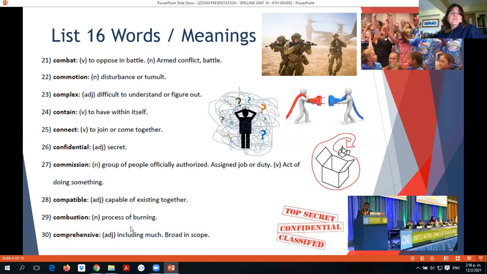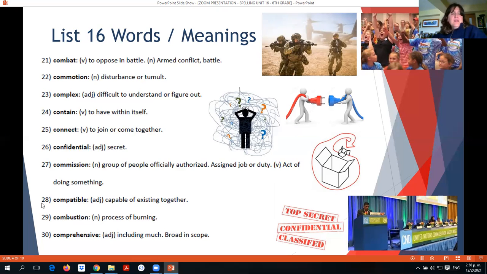Okay, so it's a group of people officially authorized to work on something specific. And also, as a verb, it is the act of doing something.